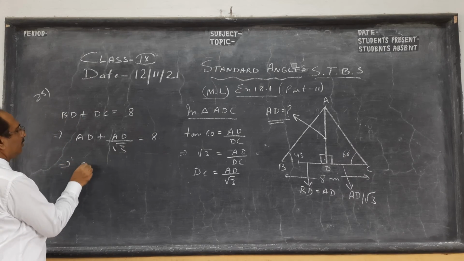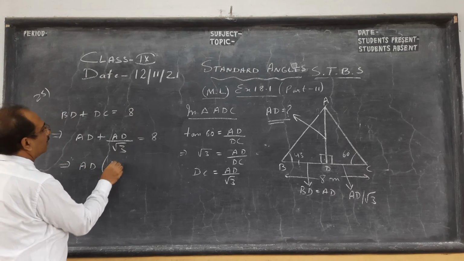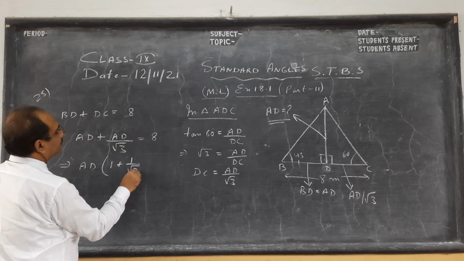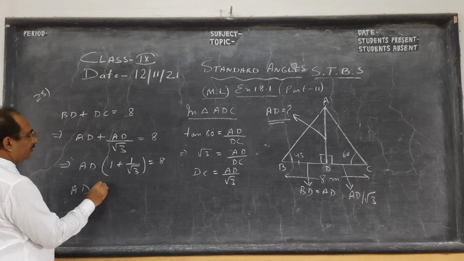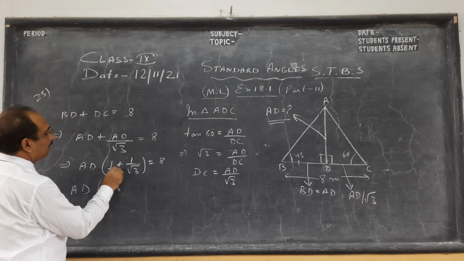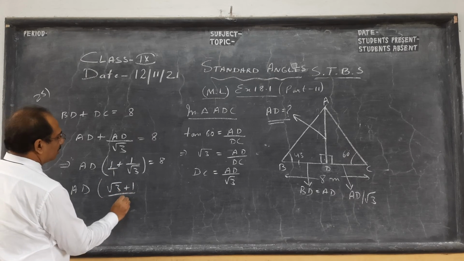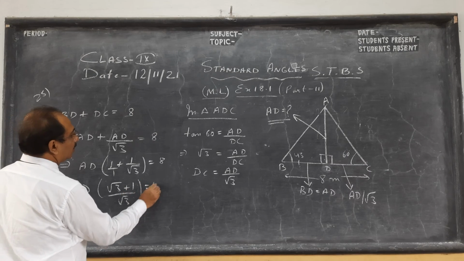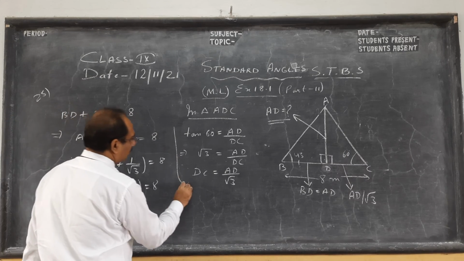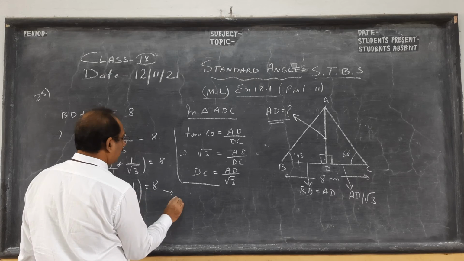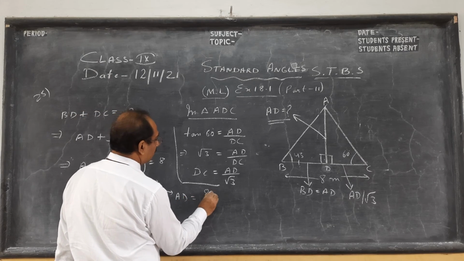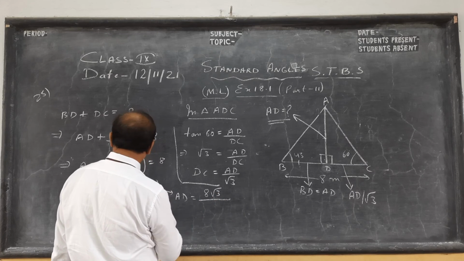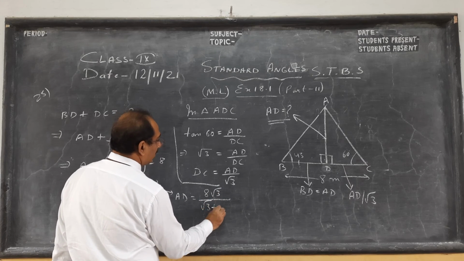Take AD common. So this is AD times 1 plus 1 by root 3 equal to 8. If you solve, this is AD times root 3 plus 1 by root 3 equal to 8. So AD is 8 root 3 by root 3 plus 1.